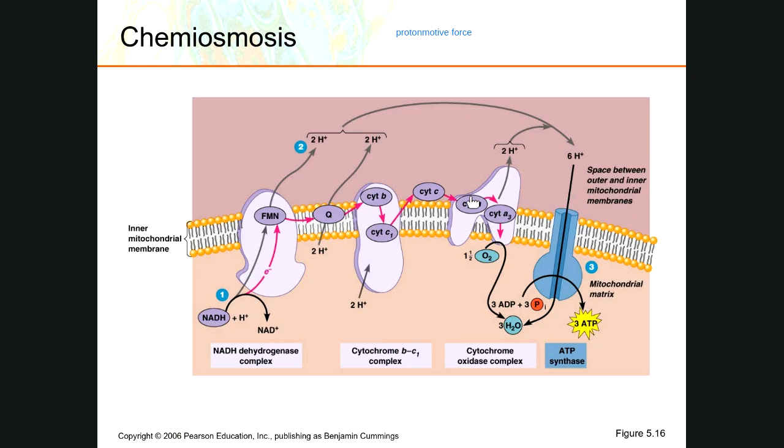So now this process is called aerobic cell respiration. Why is it aerobic? It uses oxygen. Yes, it uses oxygen. So what's the purpose of the oxygen?